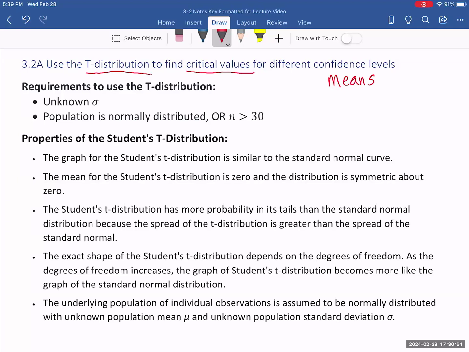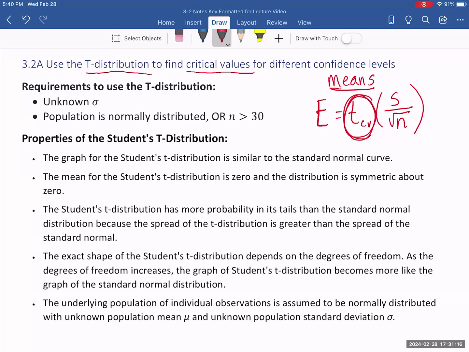Just a reminder, the margin of error when we're working with means is the T critical value times the sample standard deviation divided by the square root of n. So what we're working on in this little section is just finding that critical value. Sound good? Sounds great.